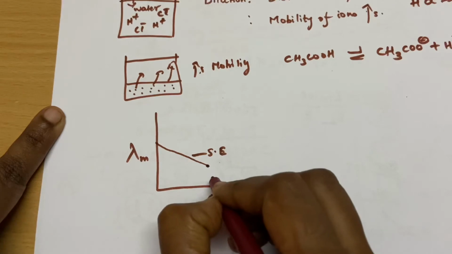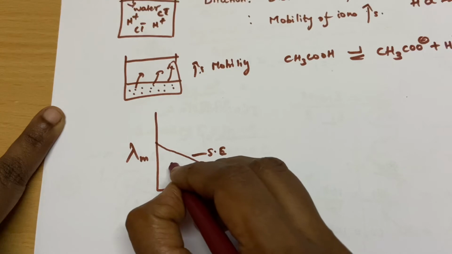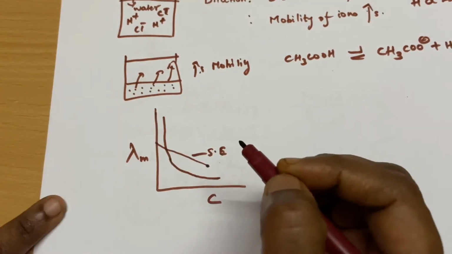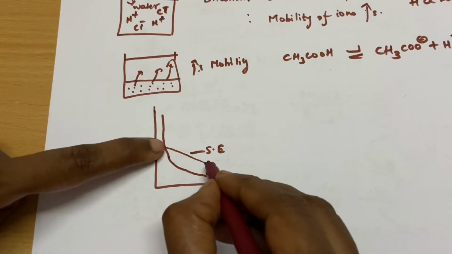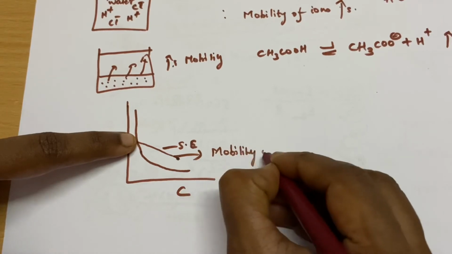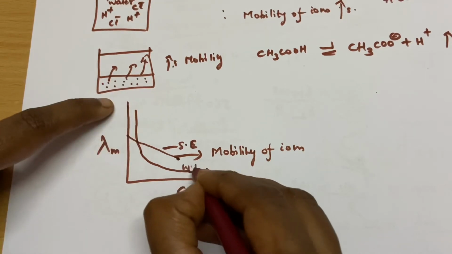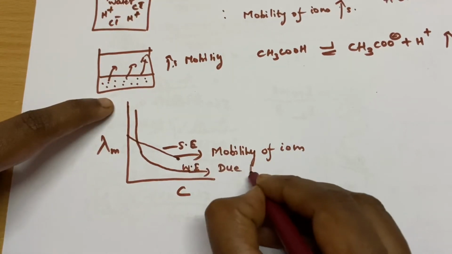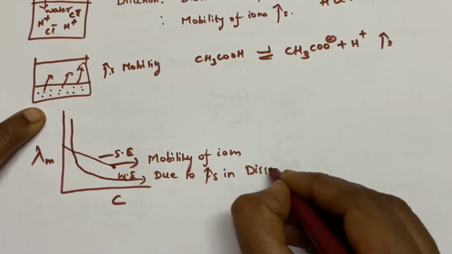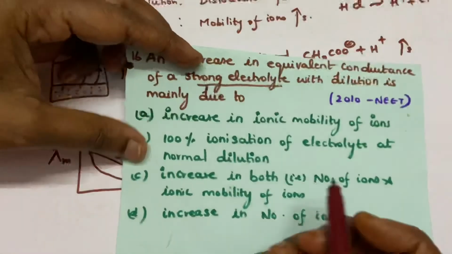But for a weak electrolyte, it is already a minimum, but during dilution it slowly increases and never achieves completion. The increase for a strong electrolyte is due to the mobility of ions only. The increase for the weak electrolyte is due to increase in dissociation, because they are partially dissociated.